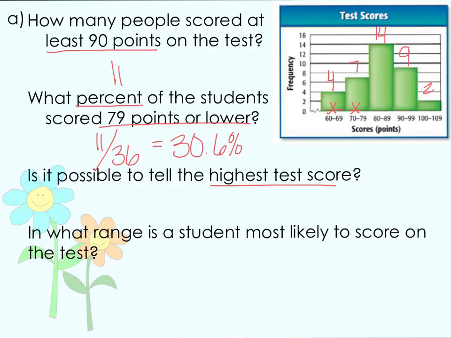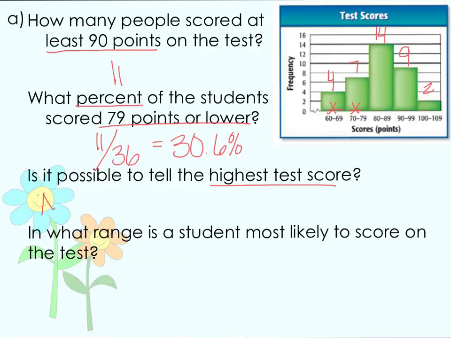But the downside is we never know the exact values. So while I know there were 2 kiddos that scored between 100 and 109 points, I unfortunately don't know their exact score. So it's not possible for us to know the highest score.